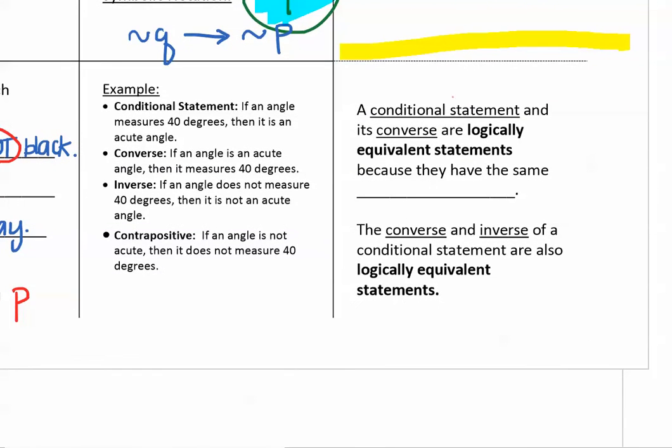Okay, oh yeah, there's a typo here. We need to fix something. Scribble out converse here. A conditional statement and its contrapositive, is what it's supposed to say, are called logically equivalent statements because they have the same truth value.